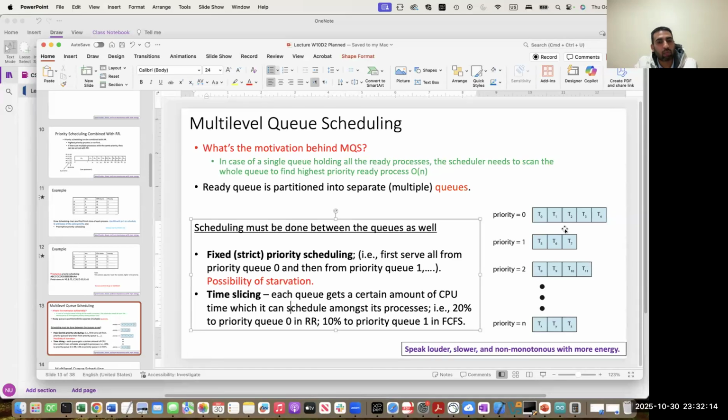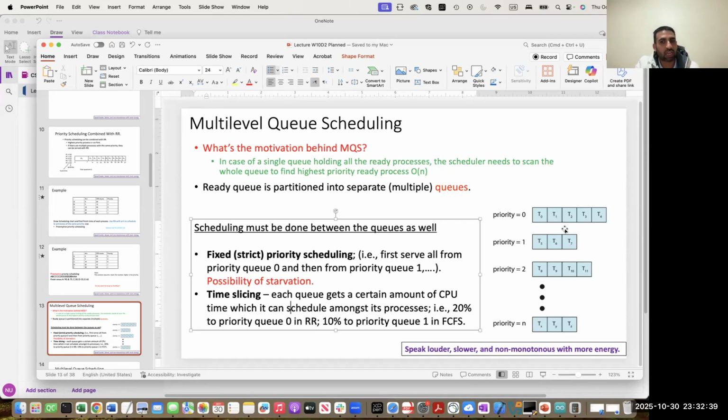But we know that round robin is good at reducing the response time, but bad at reducing the turnaround time. So if we are not interested in reducing the response time, but in reducing the turnaround time, we can use first come, first serve for those processes sitting in the same priority level queue.